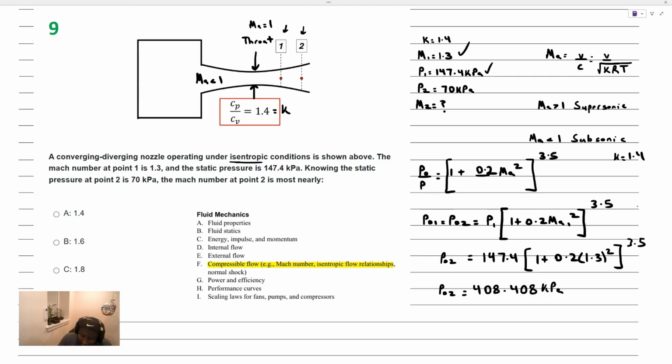So now that we know what the stagnation pressure at state point 2 is, we can use that along with the static pressure to find the Mach number using this relationship. That's equal to the same thing, 1 plus 0.2 times the Mach number squared, raised to the 3.5.